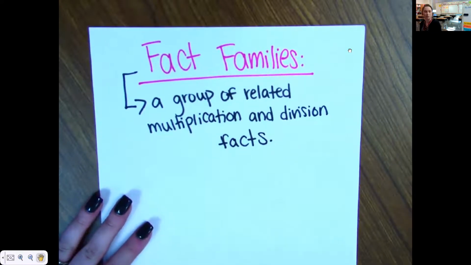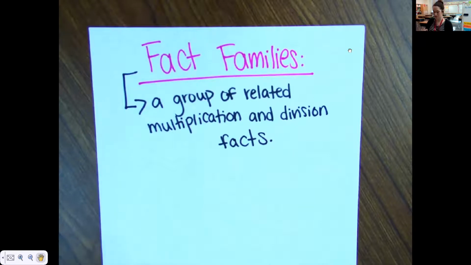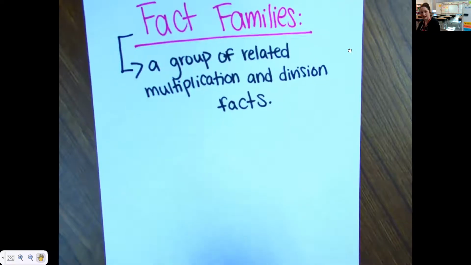Okay, so it's a group of related multiplication and division facts. So it's when we're looking at those multiplication and division facts and we know that they go together, that they end in the same product or they're using the same numbers, right? So let's look. And remember, a fact family is a group of related multiplication and division facts.